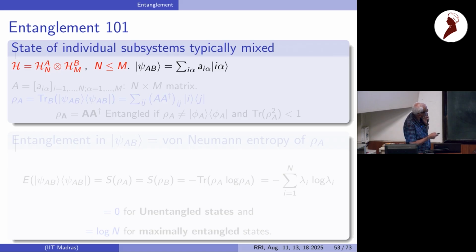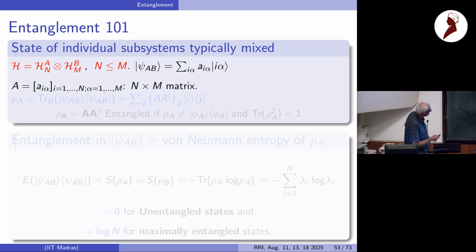Yeah, so that's a bipartite state. Let's say that this is some orthonormal basis of A, and the Greek one is the other orthonormal basis. So again, you can write this coefficient as a matrix. So it's an n cross m matrix in general. Okay, so it's a rectangular matrix.